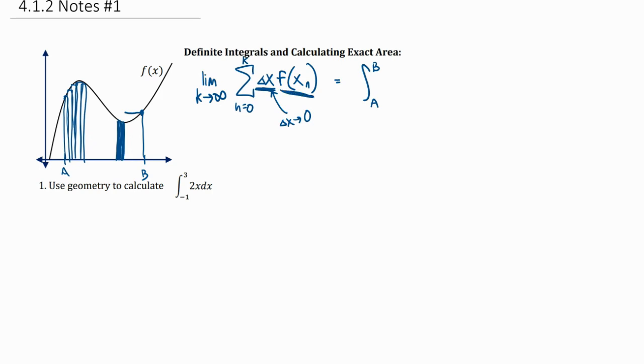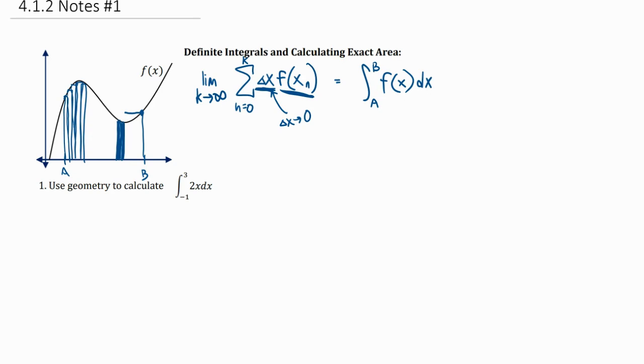So this is what we do for an integral. We just switch them, because delta x times f of x is the same thing as f of x times delta x. So what I'm going to say is, okay, well, it's the area under f of x. And then delta x is approaching 0. If delta x is approaching 0, what we do is we use dx to represent it.